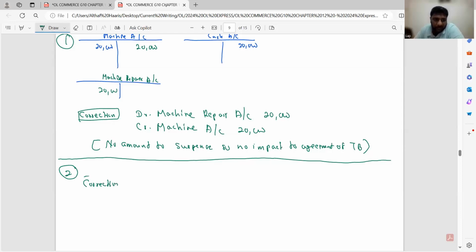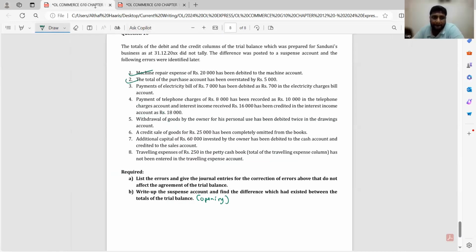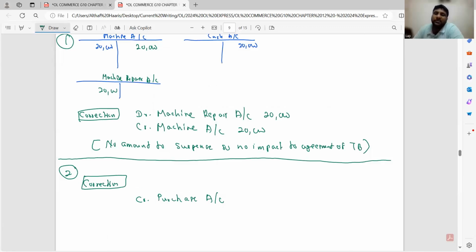Correction. Overstated, no. Originally it is debit, opposite side is credit. Credit purchase account 5,000. Debit suspense account 5,000.